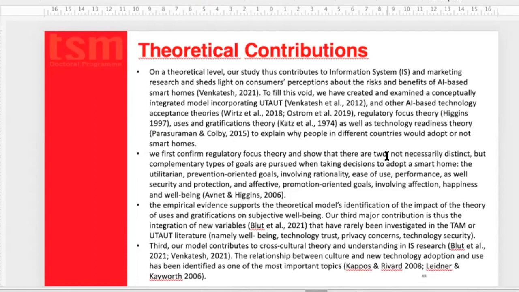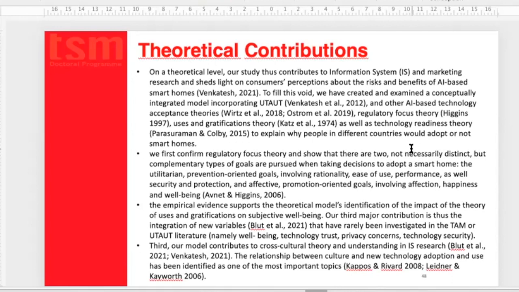And to finish with our contributions, we show on a theoretical level that our study contributes to IS and marketing research, because we embed different theories, namely UTAUT, AI-based acceptance theories, regulatory focus theory, uses and gratification theory, as well as technology readiness theory, to explain the adoption of smart homes.